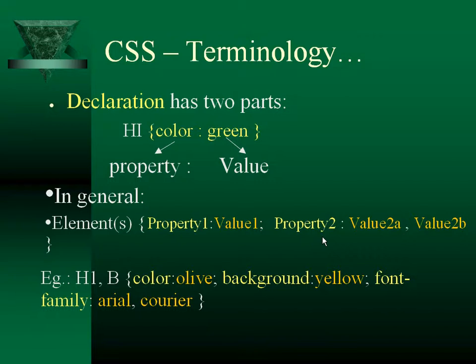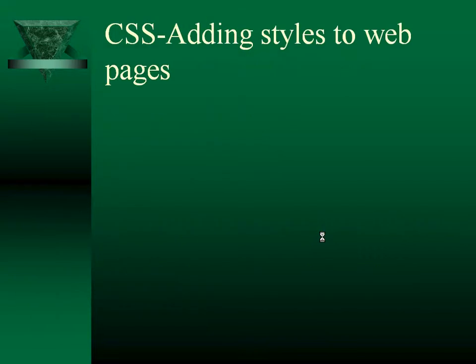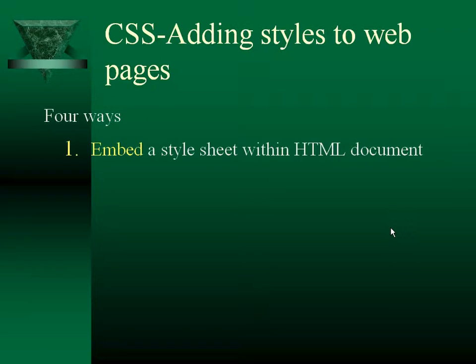Now let us see how these cascading style sheets are added to web pages. There are 4 ways to add these style sheets to web pages. The first way is to insert a style sheet within the HTML document. The second way is to link to an external style sheet from the HTML document.